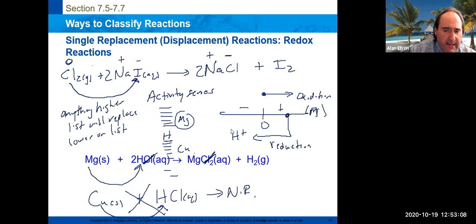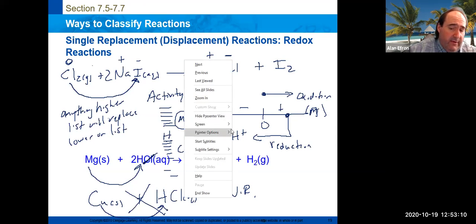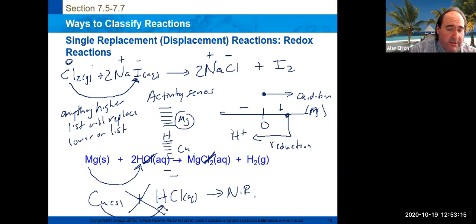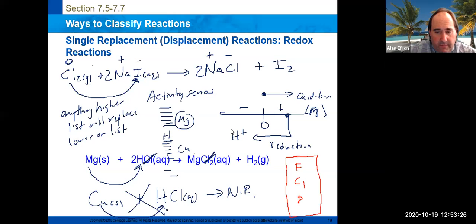Any questions on that? Now, you may also ask yourself, what's the deal with our nonmetals? Group 7 on the periodic table is the activity series for the halogens. So if you look at group 7, fluorine, chlorine, bromine, iodine, reactivity increases this way, which means, as we just did in this example, chlorine is higher in group 7 than iodine, so this reaction would take place.